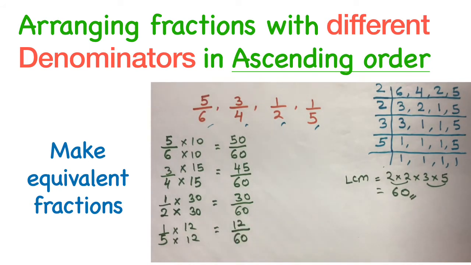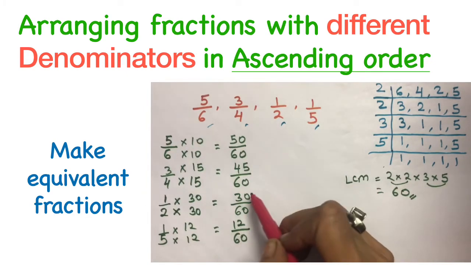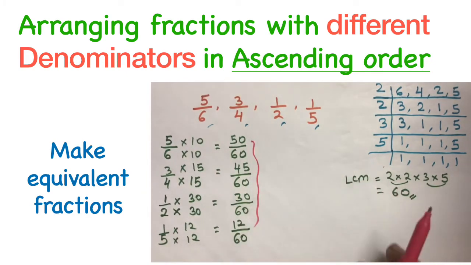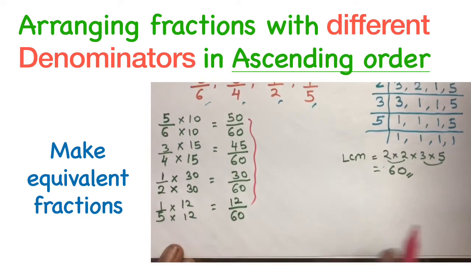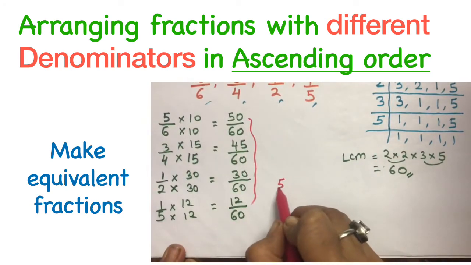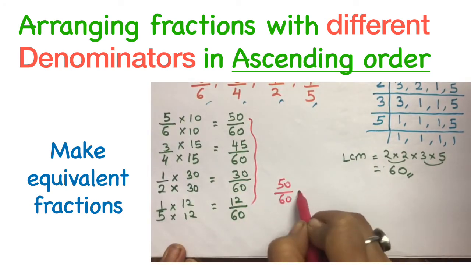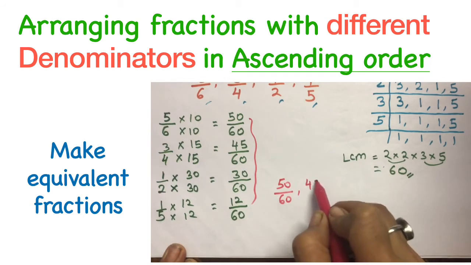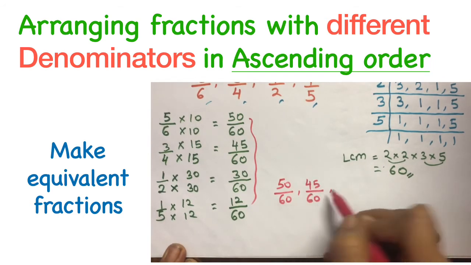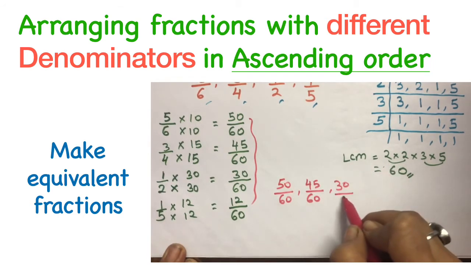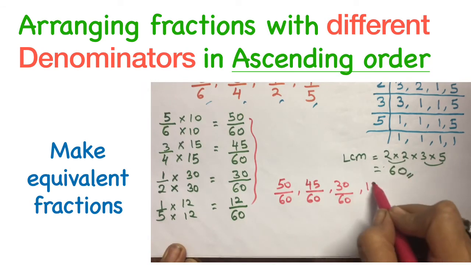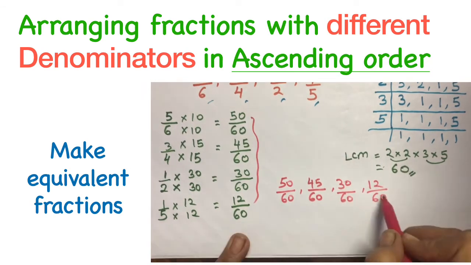So now it is easy to compare these fractions. Now I'll write 50 by 60, 45 by 60, 30 by 60, 12 by 60. These are same, so we look for the smaller number.